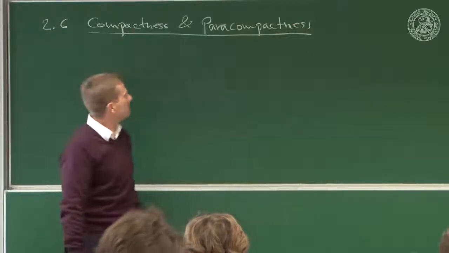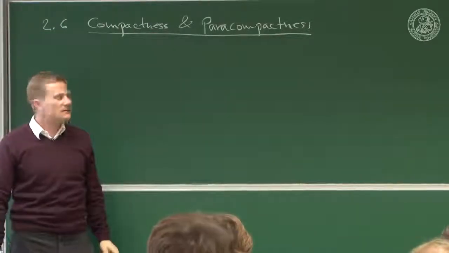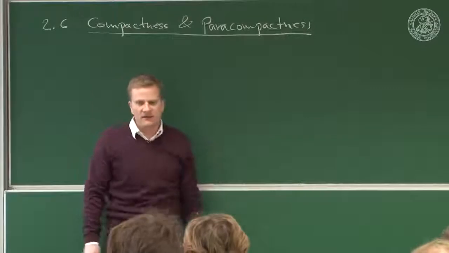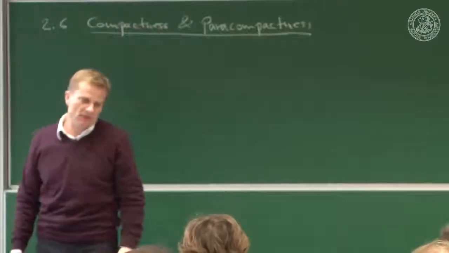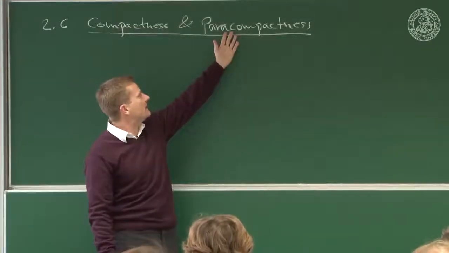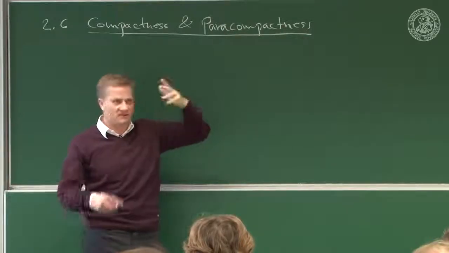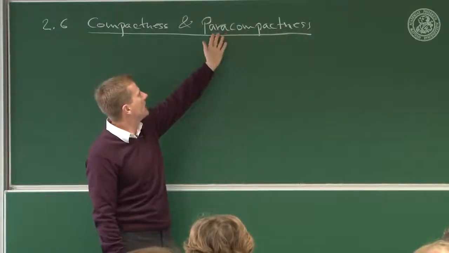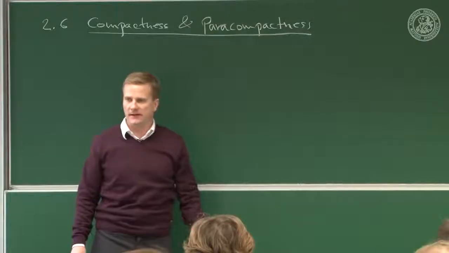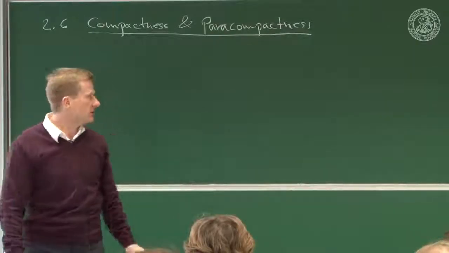Paracompactness is a much weaker notion than compactness. In fact, it's so weak that it's very difficult to find any topological spaces that appear naturally, if you wish, that are not paracompact. I'll present a theorem to that effect.